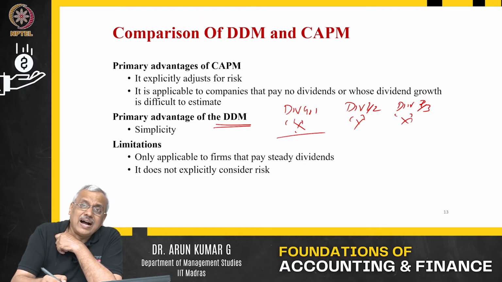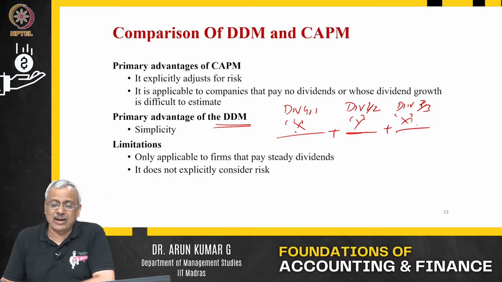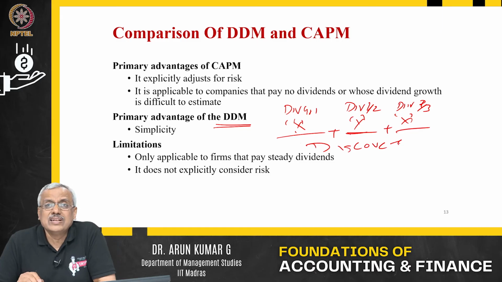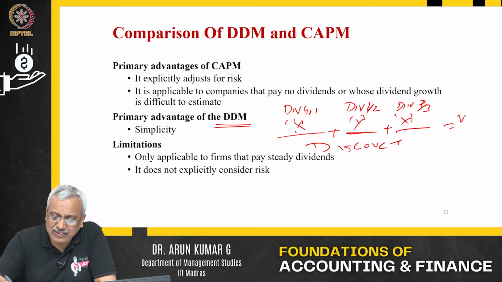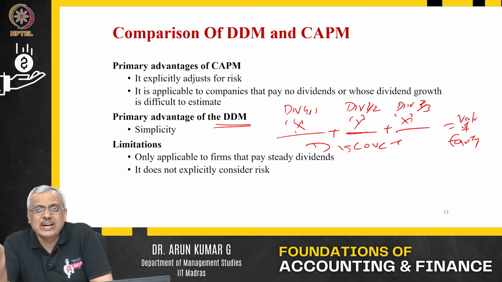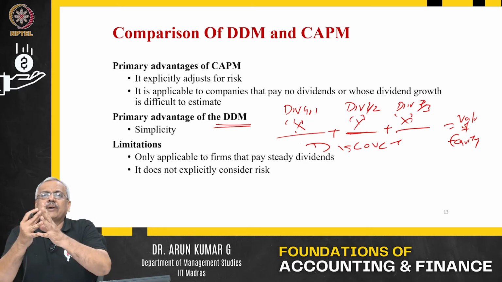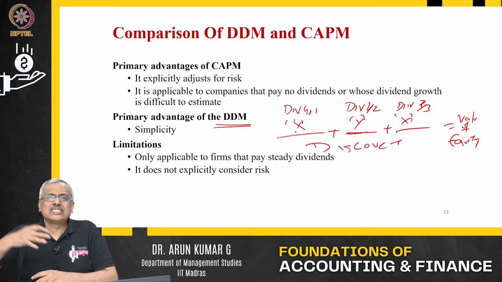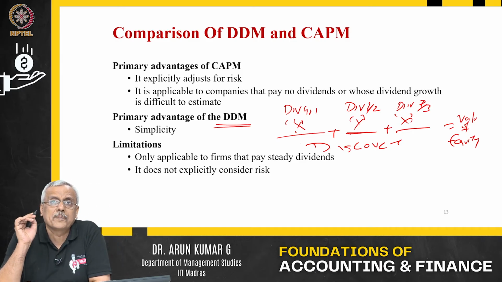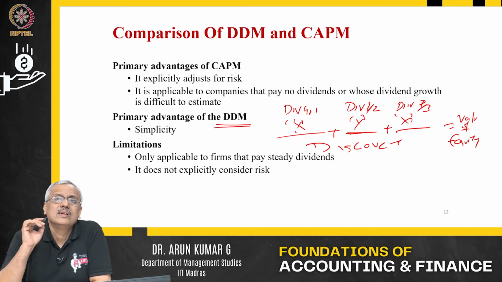All I have to do is discount these using a particular rate, then I will have the value of the equity. If I know all the future dividends, I discount them and add up, and that is what gives me my dividend discount model. Very simple.